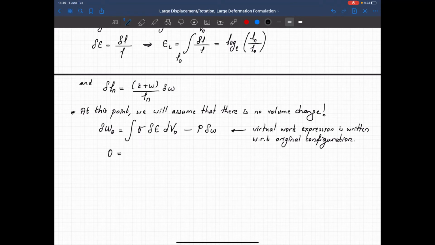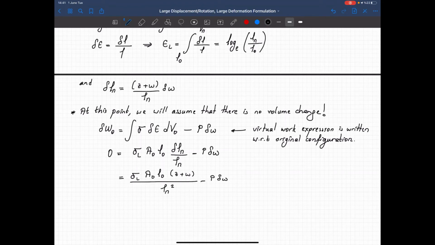So 0 is equal to the stress corresponding to the log strain, A0, L0, variation in the length divided by the final length, minus P times del W. So this will give me sigma_L A0 L0 (Z plus W) divided by Ln squared, minus P times del W. Then I have P as equal to log stress A0 (Z plus W) L0 divided by Ln squared.